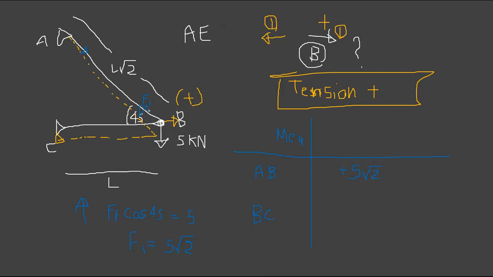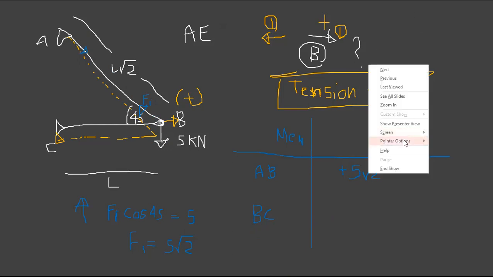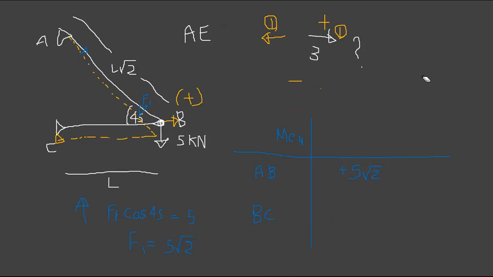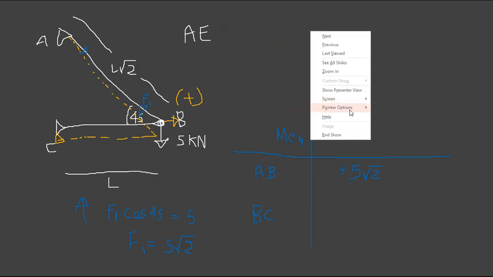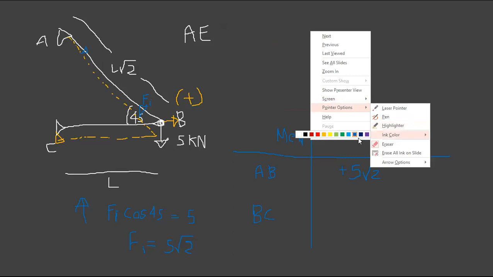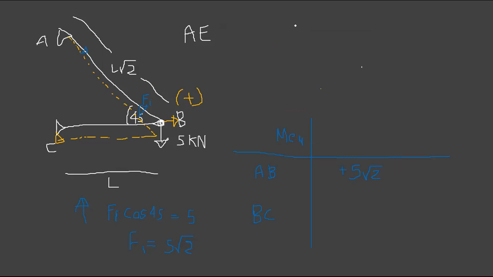And then member BC, what actually happens? You can take the horizontal components at B. So F1 cos, no need of cos actually, this is sine, right? Anyway, sine 45 and cos 45 are usually the same, so I always use cos 45, that's why.